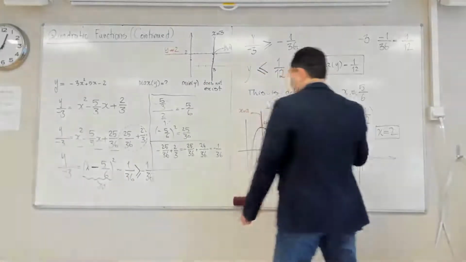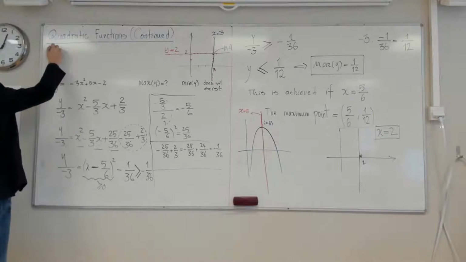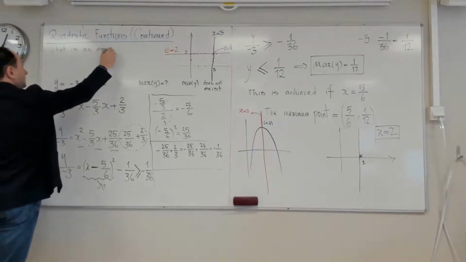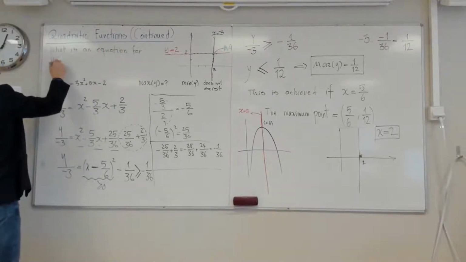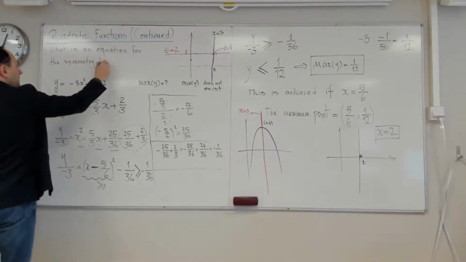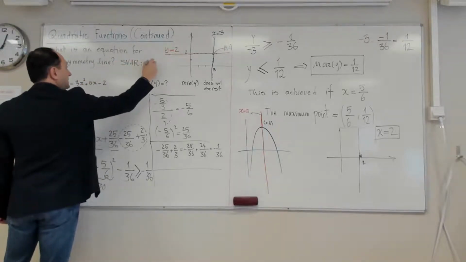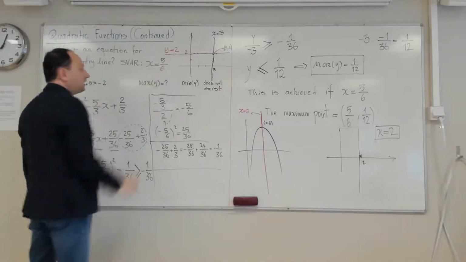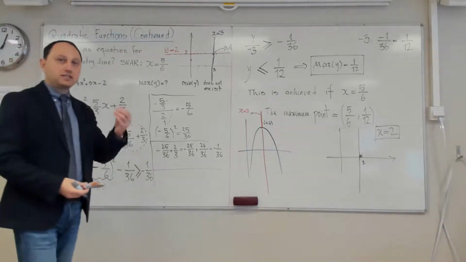So if I ask you what is an equation for the symmetry line, the answer would be x equal to 5 over 6. Be careful. You cannot just simply write 5 over 6. That is wrong. 5 over 6 is not an equation.